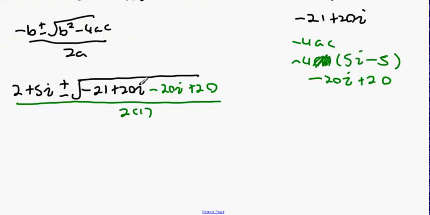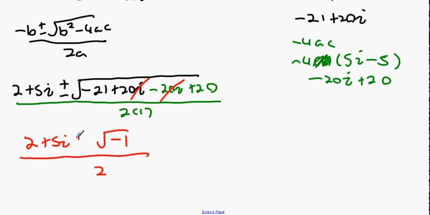What we're going to get here is that the 20i's cancel, and we're going to get the square root of minus 1, because of the minus 21 plus 20. Then we get 2 plus 5i all over 2. Now the square root of minus 1, as we all know, is i.